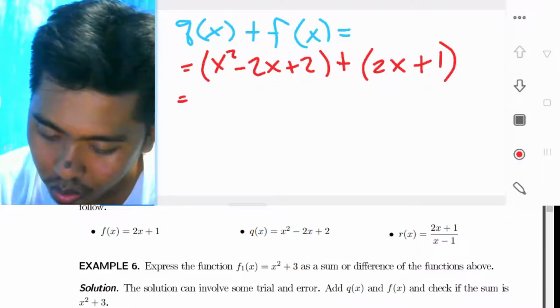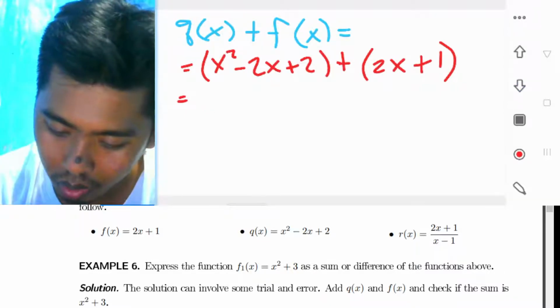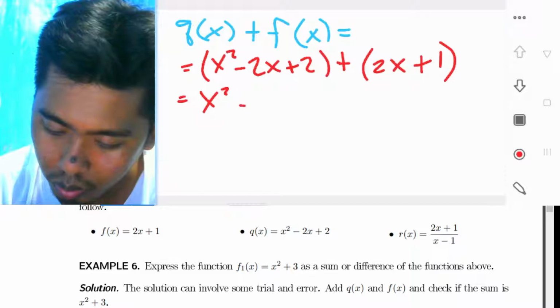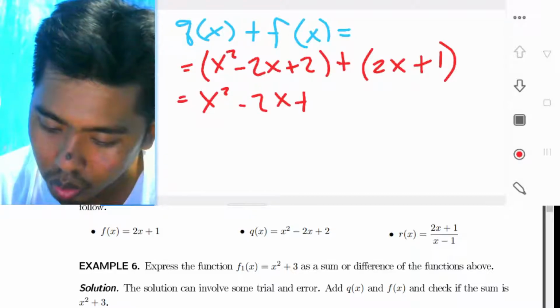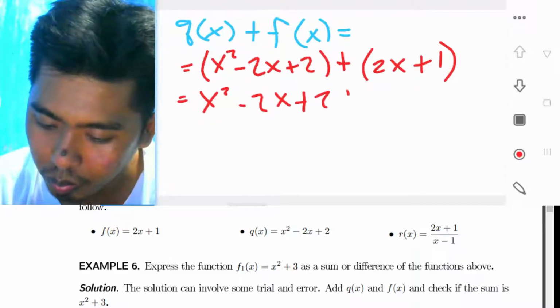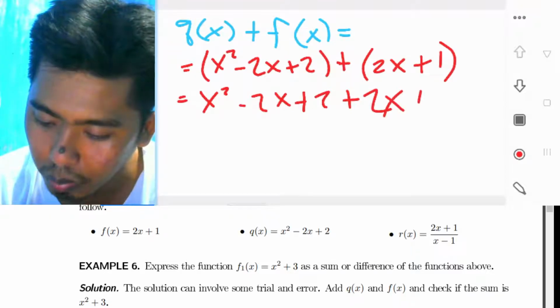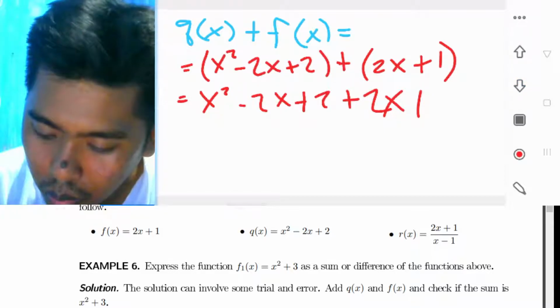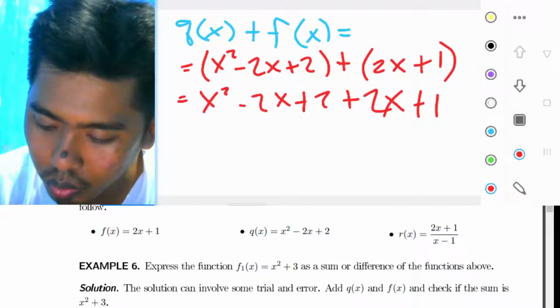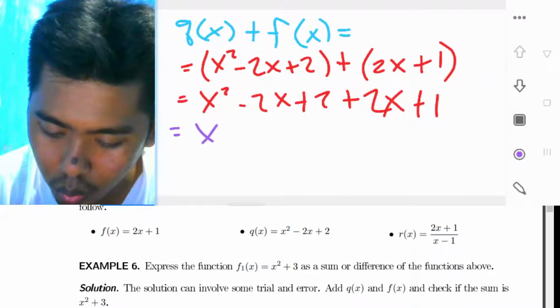So this becomes x squared minus 2x plus 2, plus 2x, then plus 1. Now let's continue. This is x squared.